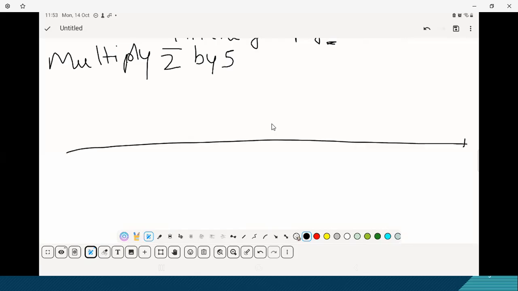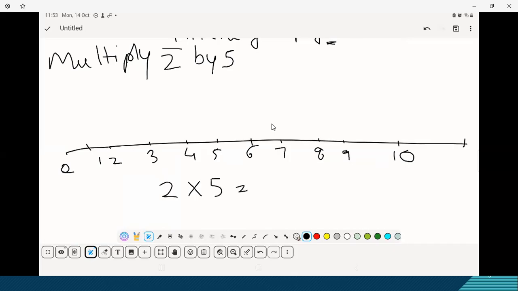We draw the number line, then from 0, 1, 2, 3, 4, 5, 6, 7, 8, 9, and this is 10. So to multiply 2 by 5, we'll write 2 multiplied by 5.